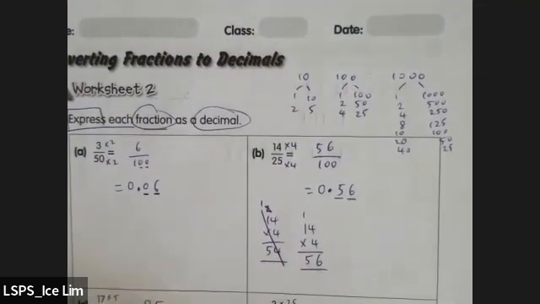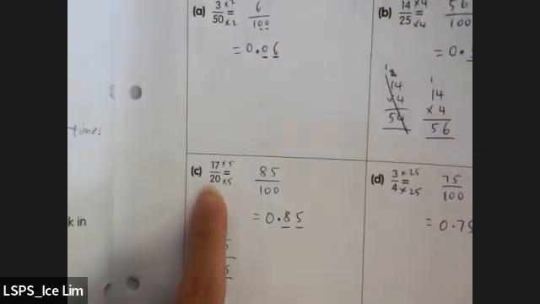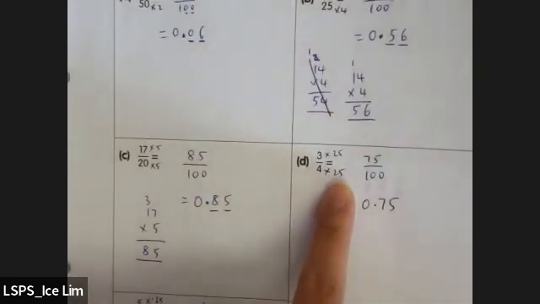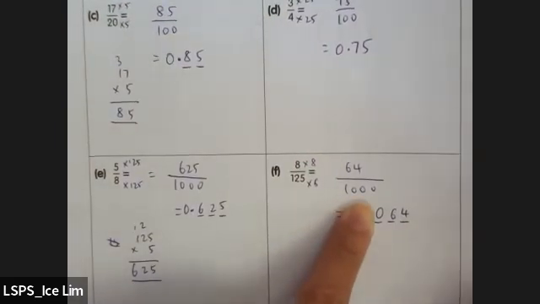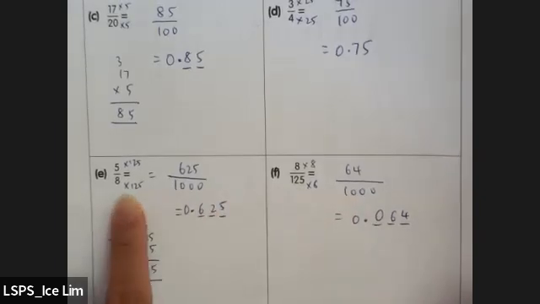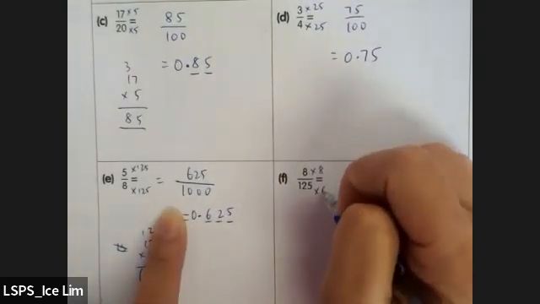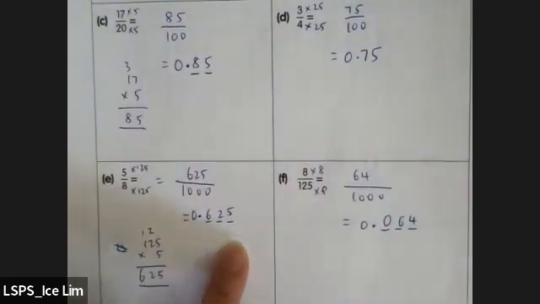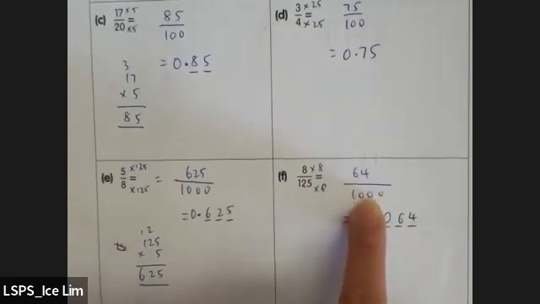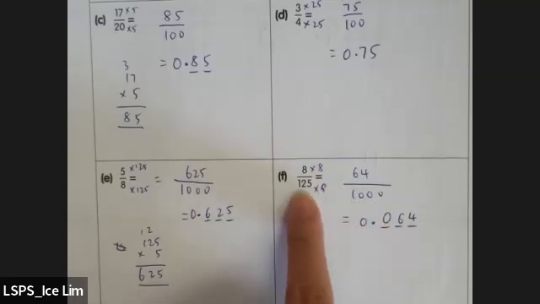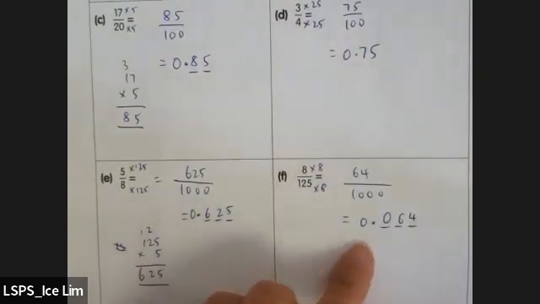Because the denominator is a factor of a power of 10, either 10, 100, or 1000, I can convert it to a decimal easily once I convert the denominator and the numerator correctly. Okay? Because the denominator is a factor of the powers of 10, we can do it this way.